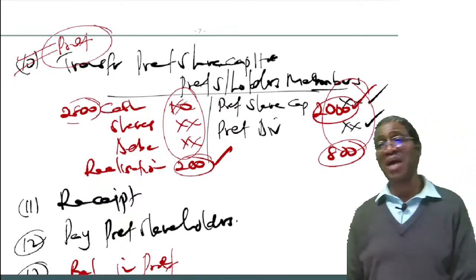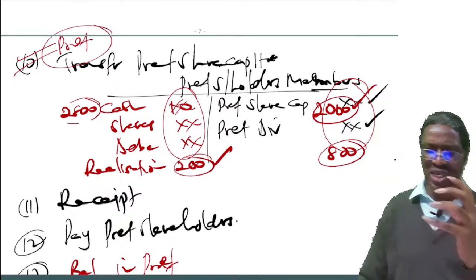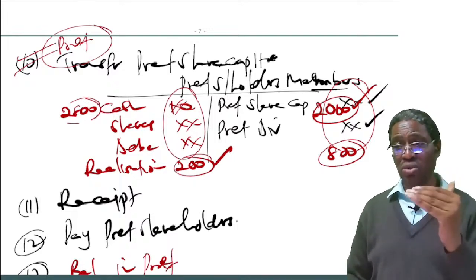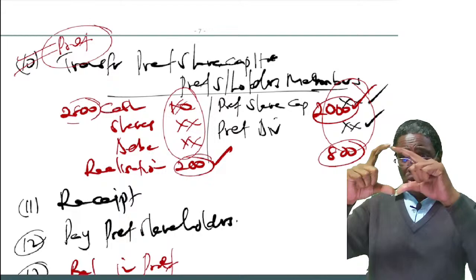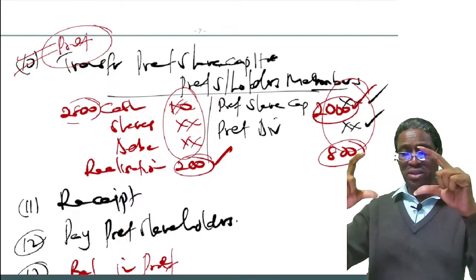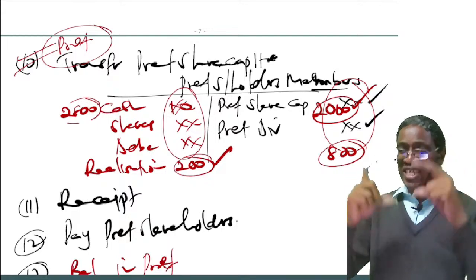I opened a liability account for the preference. So what I want you to understand is the flow of the transactions. I started by closing the accounts. Close the assets, close the liabilities, create a data.